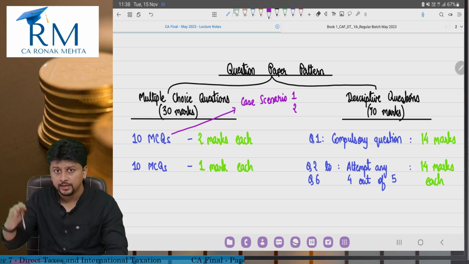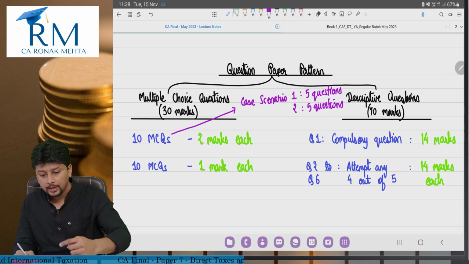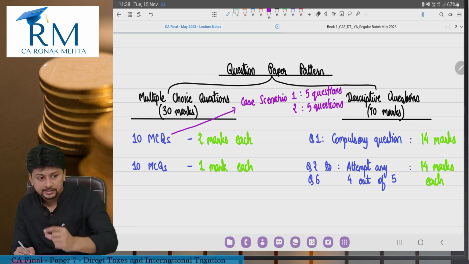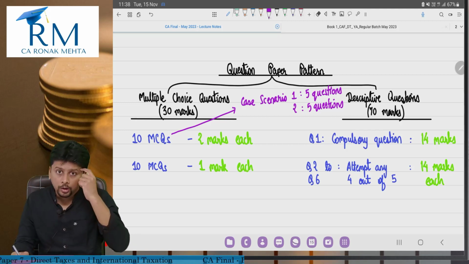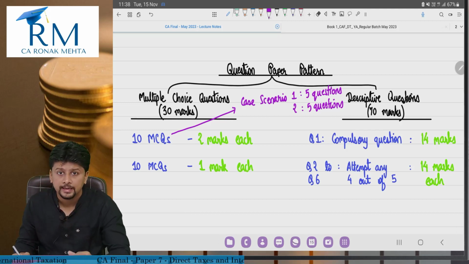Each case study will have 5 questions, and that is your 10 questions, each carrying a weightage of 2 marks. You will have to analyze the case study, read it carefully, find small details, and do a lot of calculation to be able to answer these 10 MCQs.